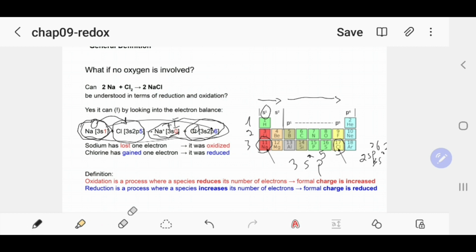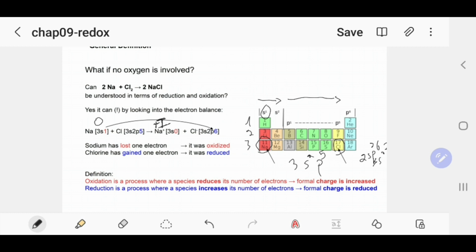So now, we have initially a charge of 0 for the sodium, and at the end of the reaction, the sodium has +1. Yes, the number of electrons is reduced, and that's why the charge increases, because you know that the charge is positive when we have more protons than electrons.